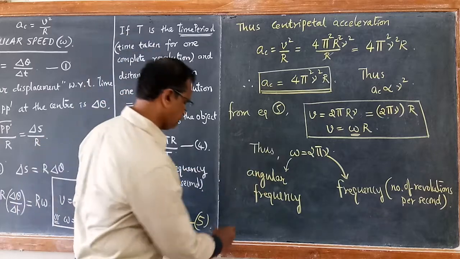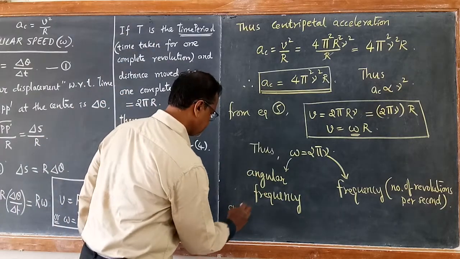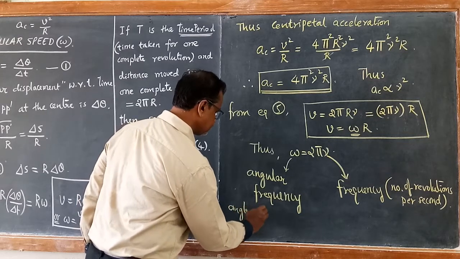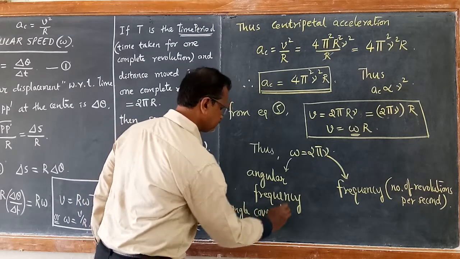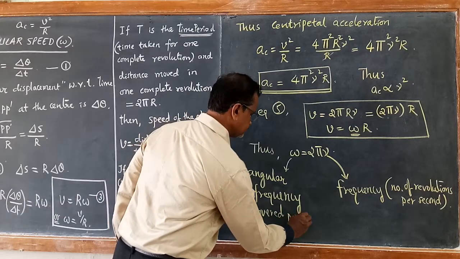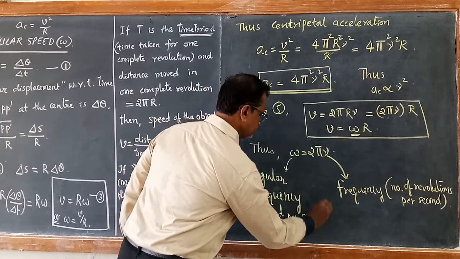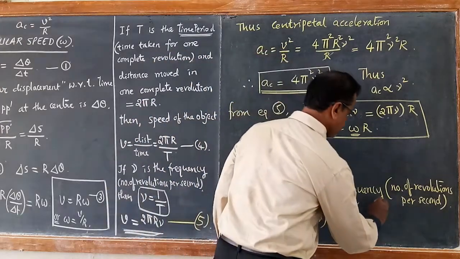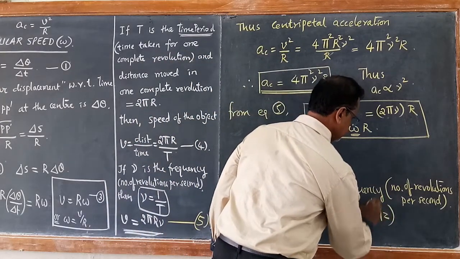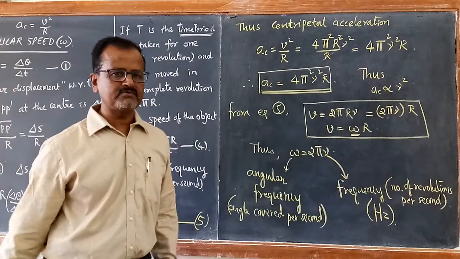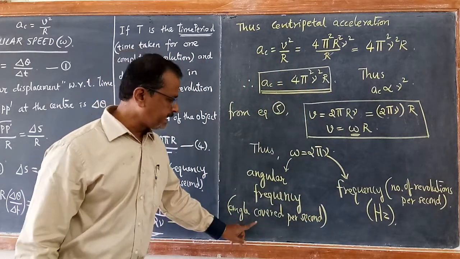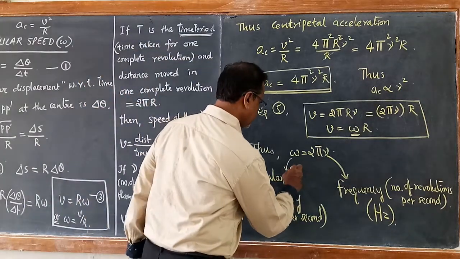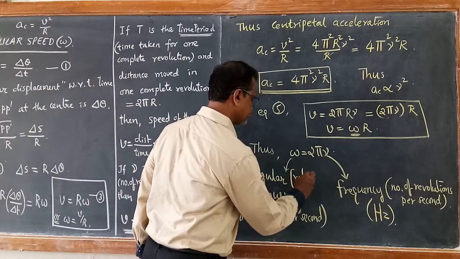Frequency is measured in terms of hertz, whereas angle covered per second in SI units is measured in terms of radians per second.